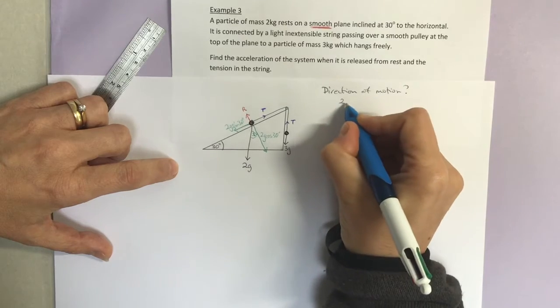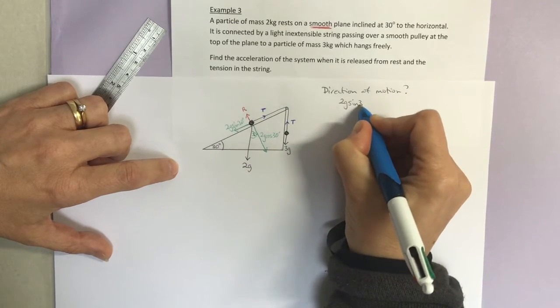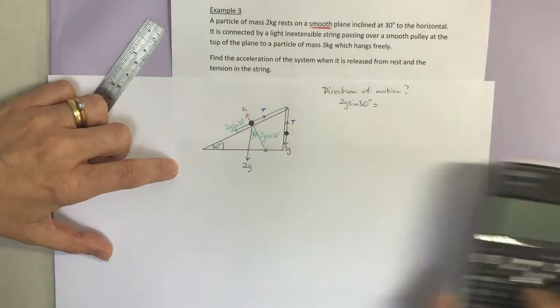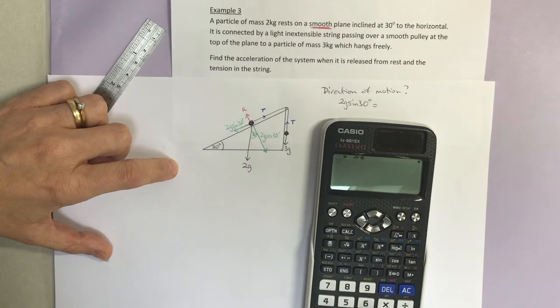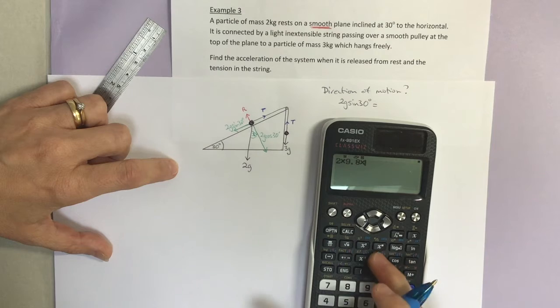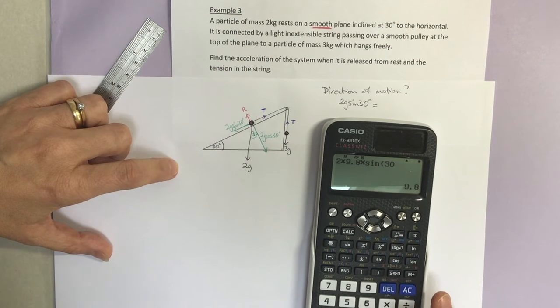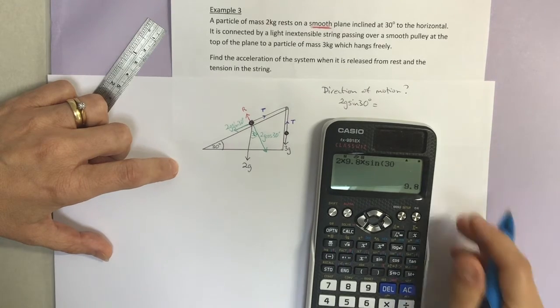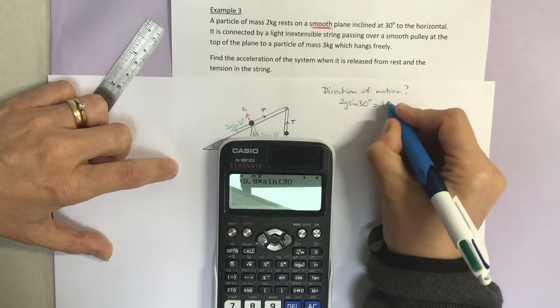So let's just check. Sorry, sine 30. Let's just type that in. So 2 times 9.8 times sine 30. So that's 9.8 there.